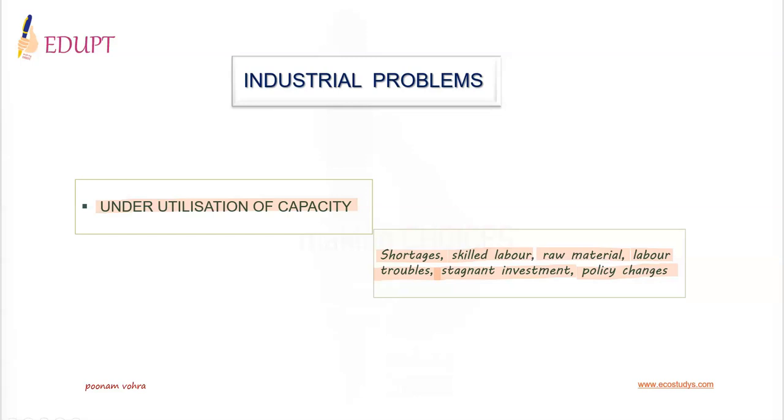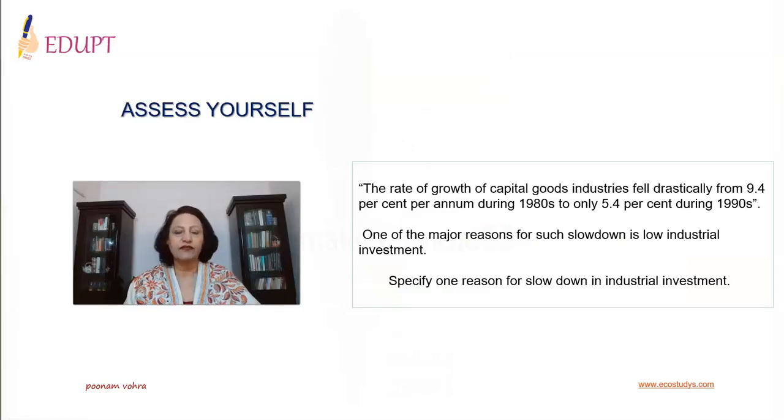Now assess yourself. Some information is being given here. On the basis of that, you need to answer one simple question. I will read it for you. The rate of growth of capital goods industries fell drastically from 9.4% per annum during the 1980s to only 5.4% during the 1990s.